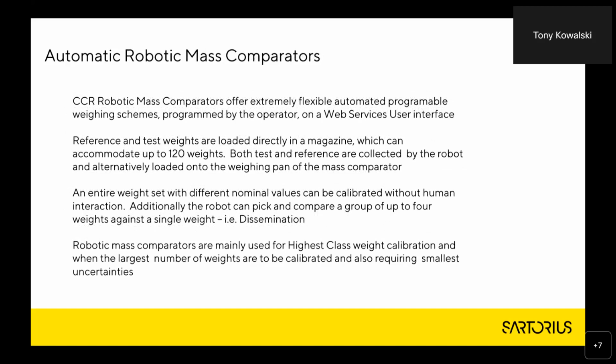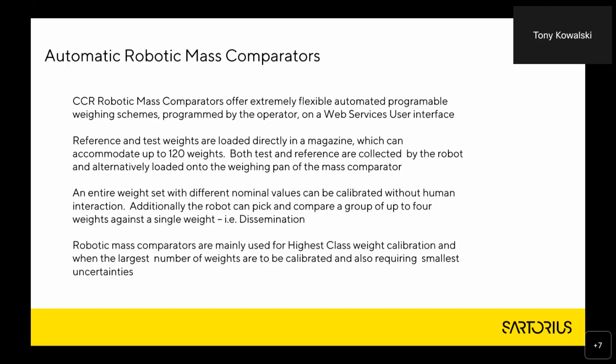So with automatic and robotic comparators, you can even load up to as many as 120 weights. And with the operator programming, these systems will run through the day and through the night and over the weekend.